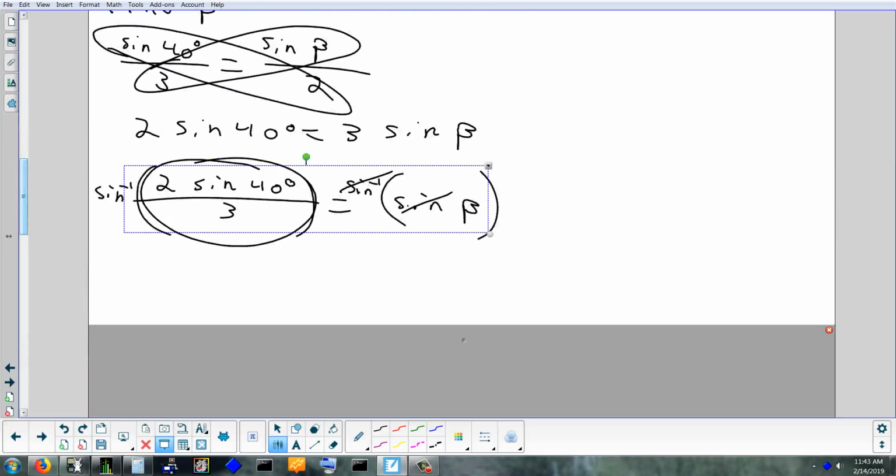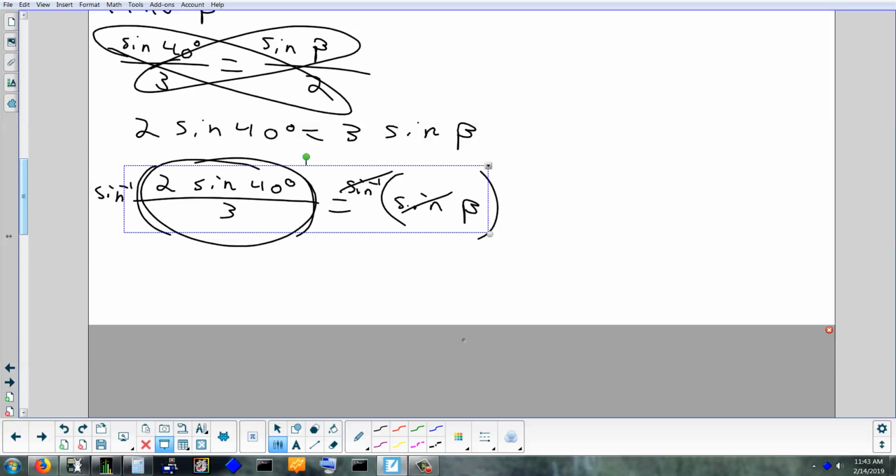If you typed in 2 sine 40 over 3 and just hit enter, what kind of answer would you get? Positive or negative? 2 times the sine of 40 divided by 3. Positive. Yep, it would be a positive answer.